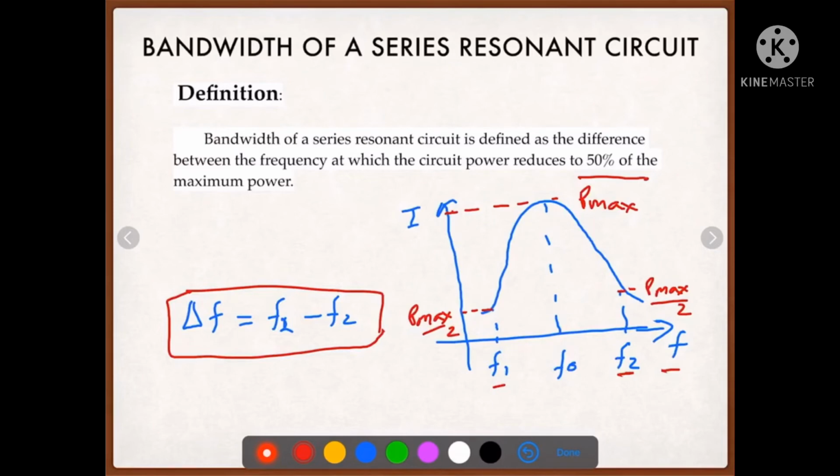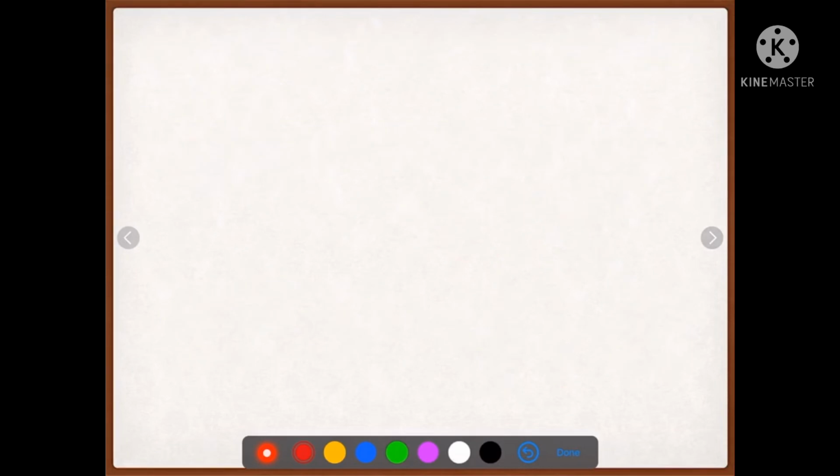We will see where we are getting half the value of maximum power. Wherever we get half of maximum power at the lower range, that will give you the value of F1, and where we get half of maximum power at the higher range, that will give you F2. So that is how it works. Okay, I guess that is going to be sufficient for you.